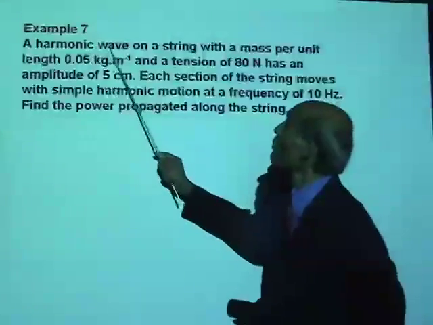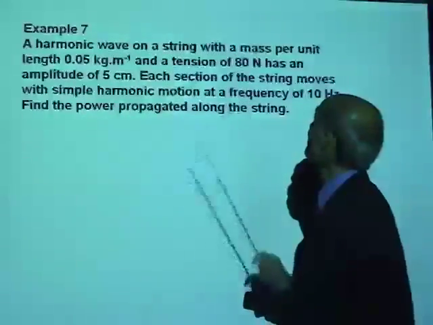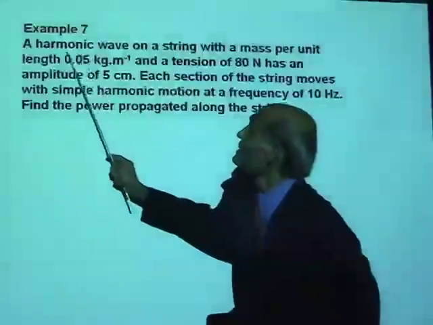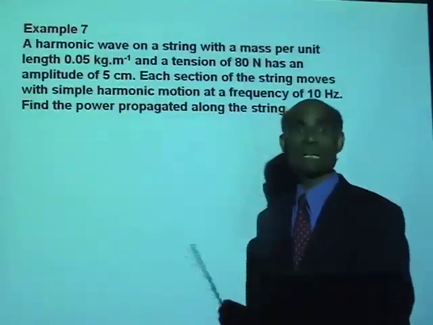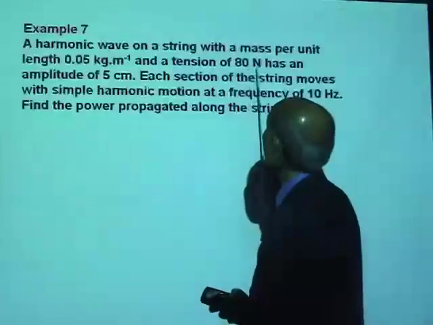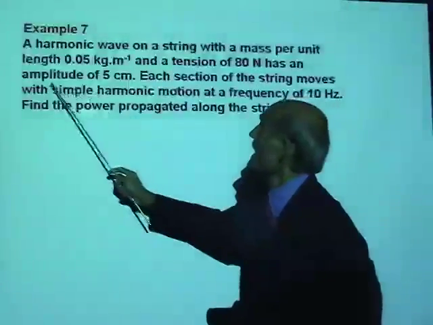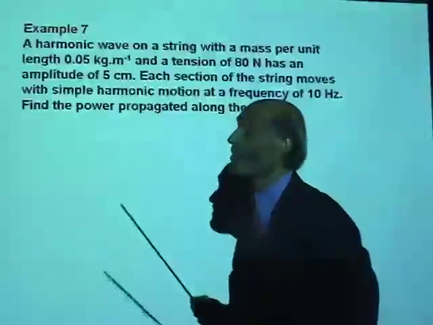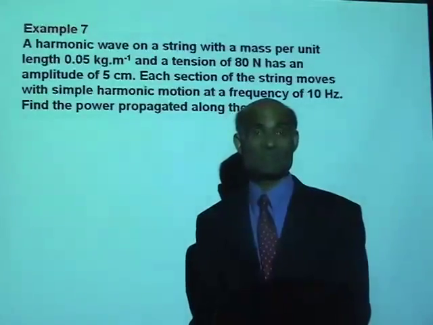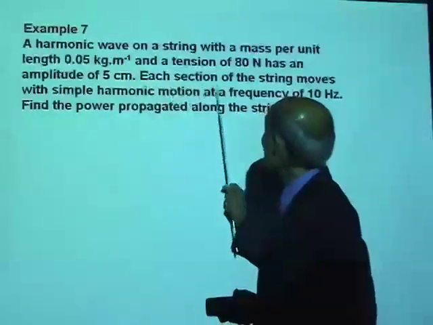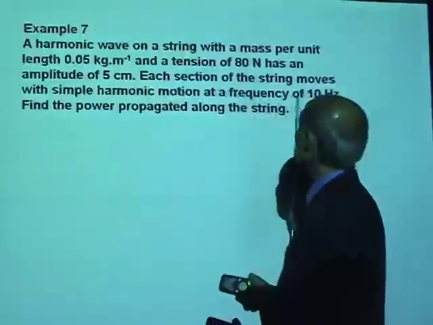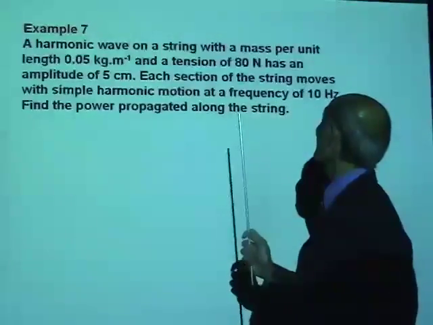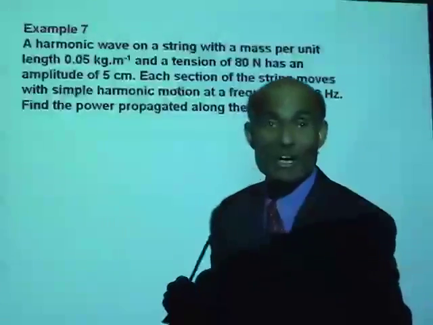A harmonic wave on a string with a mass per unit length of 0.05 kilogram per meter and a tension of 80 Newton has an amplitude of 5 centimeter. Each section of the string moves with simple harmonic motion at a frequency of 10 Hertz.